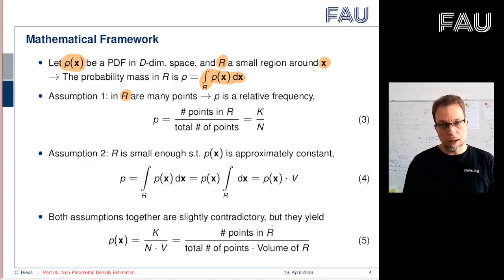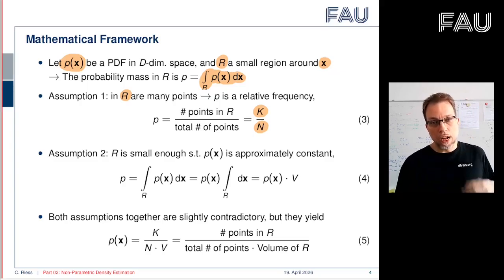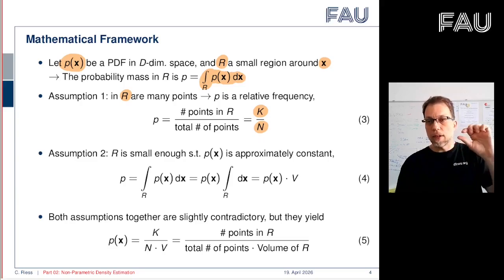So we take the number of points in R, which we abbreviate as K, and divide it by the total number of points in the whole space, N. The second assumption that we're making is that this region R is small enough such that the distribution P of x doesn't significantly change.